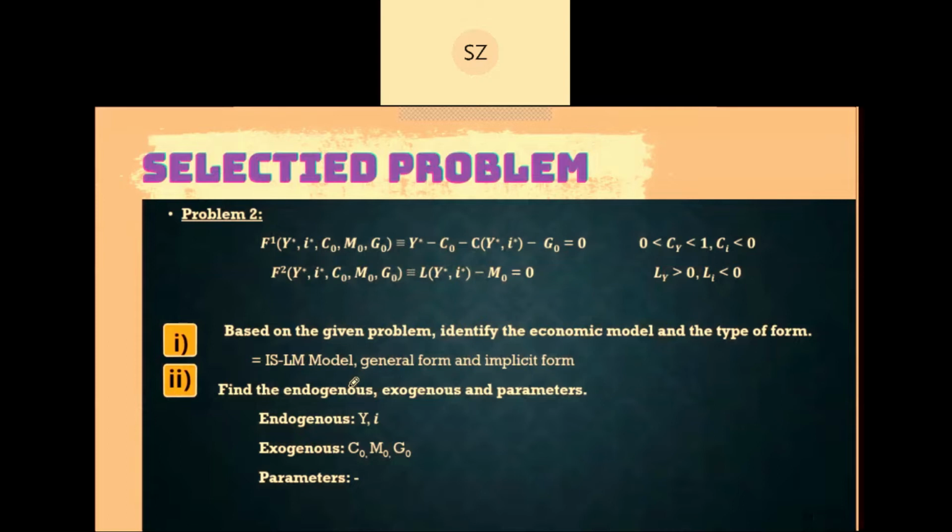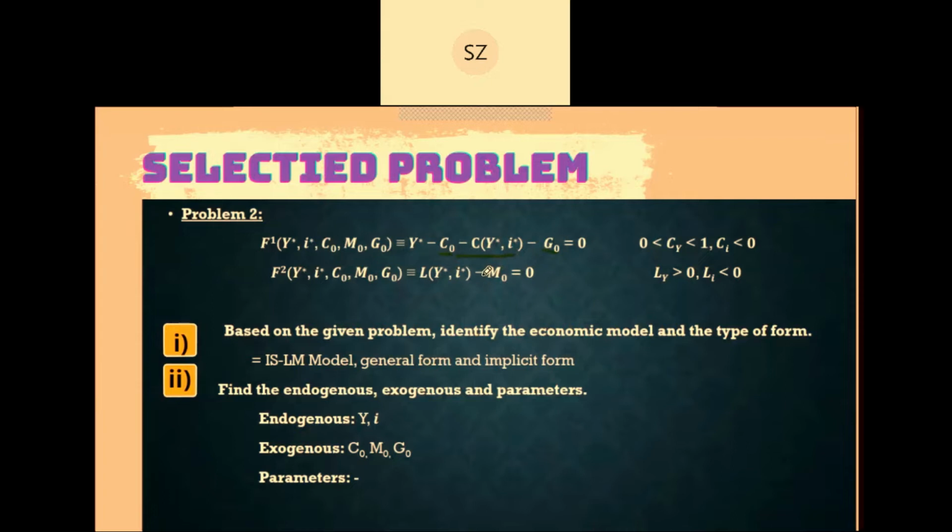For the first question, based on the given problem, identify the economic model and the type of form. We use the IS-LM model. It is because the first equation in problem 2 represents the IS equation, which includes the variables C null and G null, the autonomous consumption and autonomous government expenditure, which affect the goods market. The IS equation shows a negative sign because the IS curve is downward sloping.